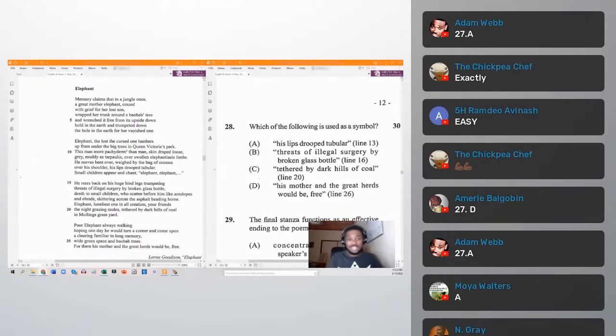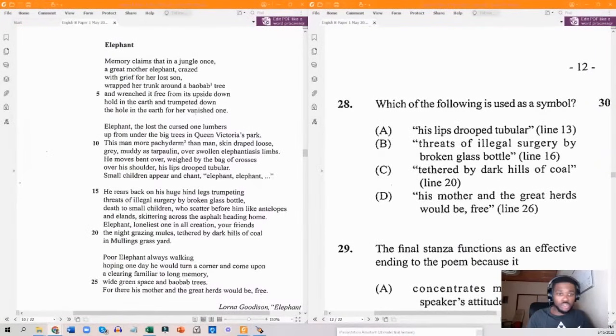All right, 28. Which of the following is used as a symbol? Something in line 13, line 16, line 20, line 26. Where do we find a symbol here?